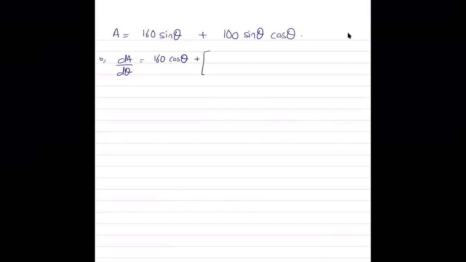Now, to find the derivative of this term, please understand that it's a product of 100 sine theta times cos theta. So you will have to apply the product rule. To apply the product rule, you take 100 sine theta as u and cos theta as v. So uv prime plus v u prime.